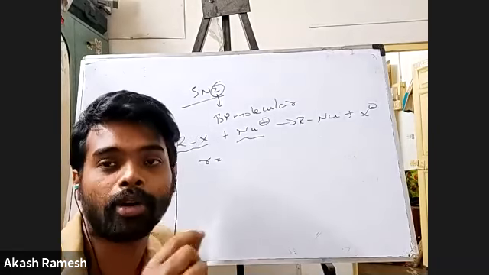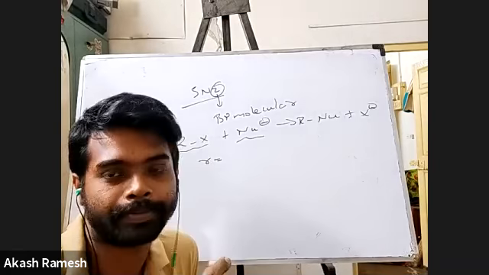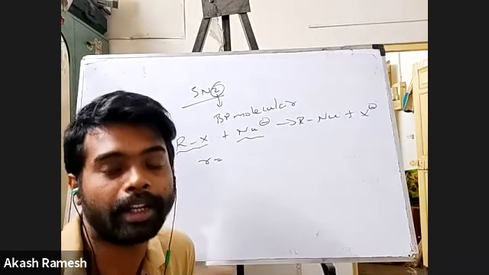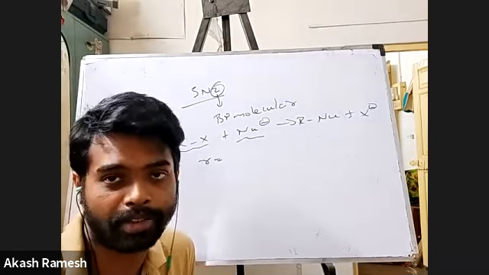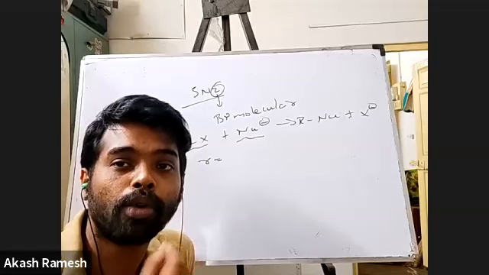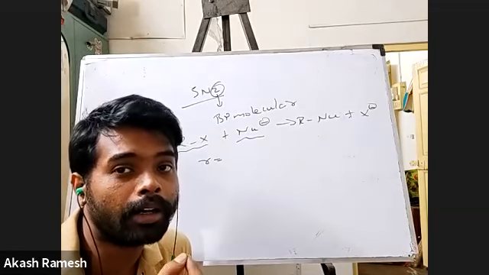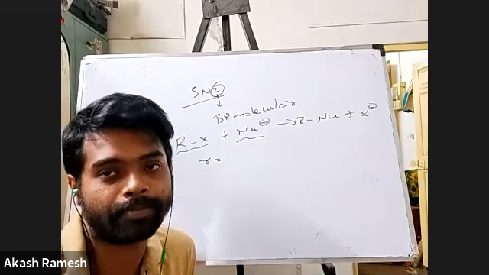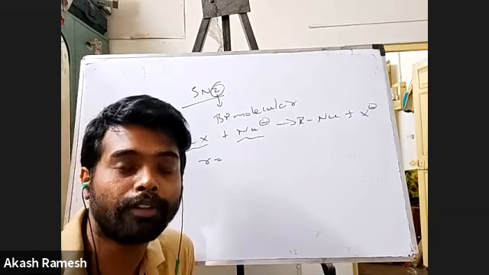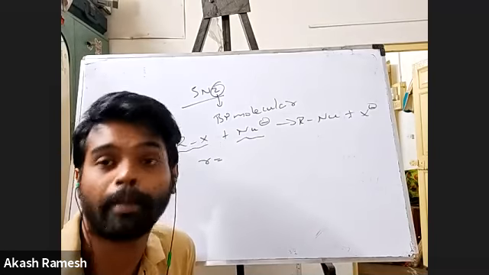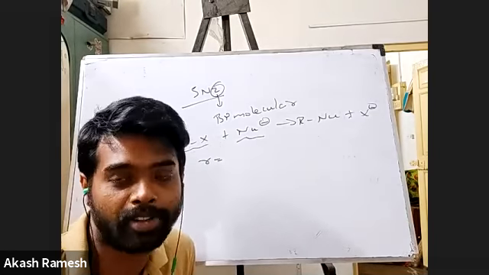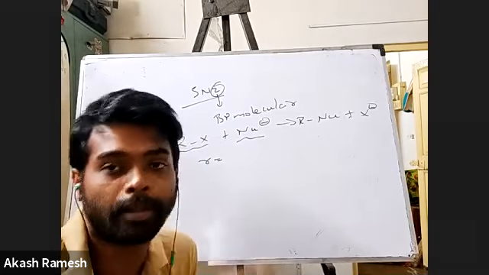Elementary reactions happen in a single step. Complex reactions are made up of many number of elementary steps.